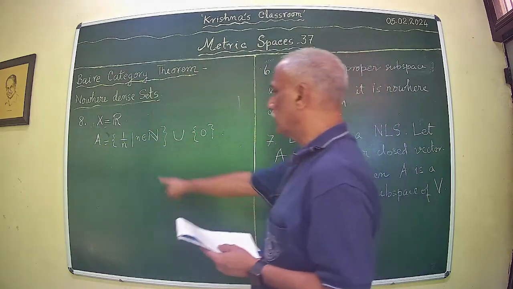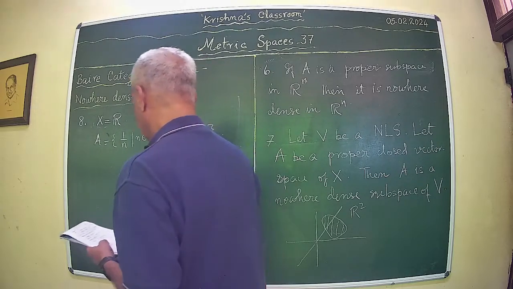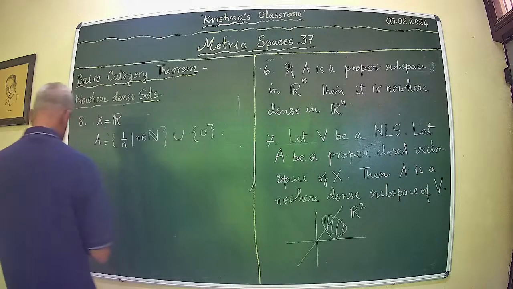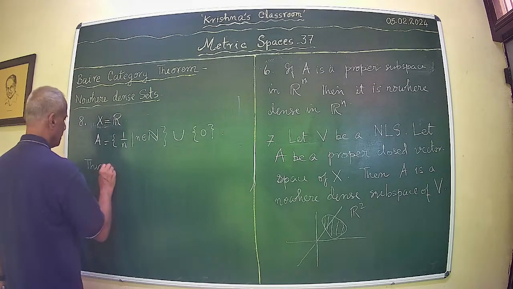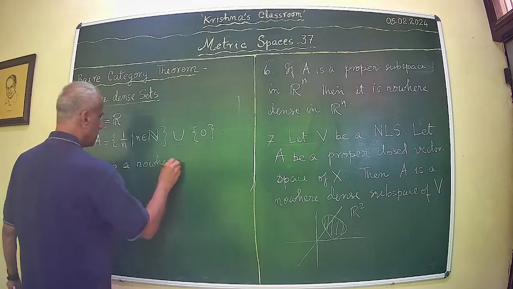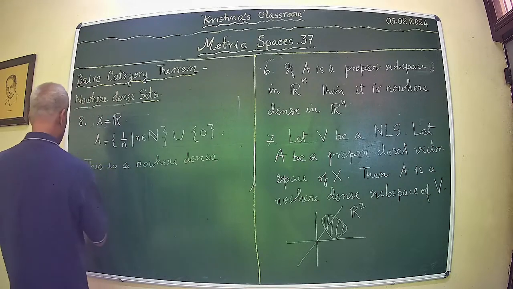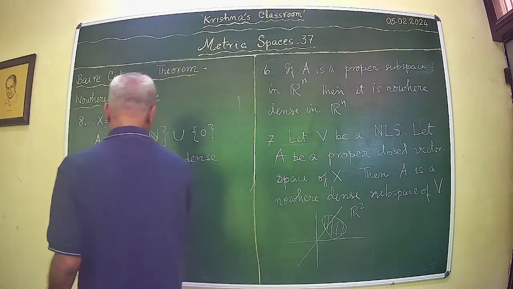To see that the sequence 1 by n converges to 0. Now you can easily see that this is a nowhere dense set.